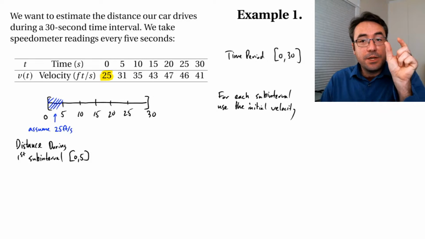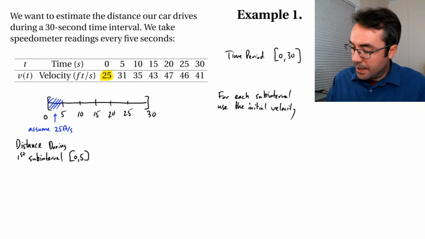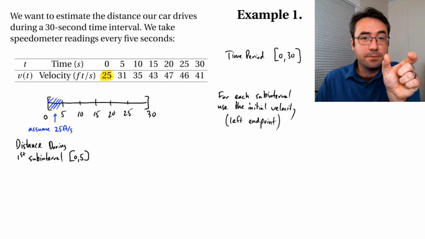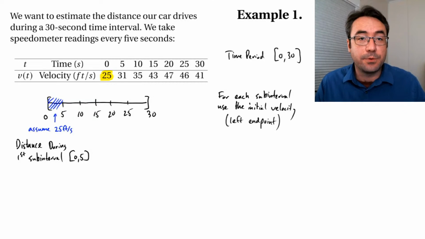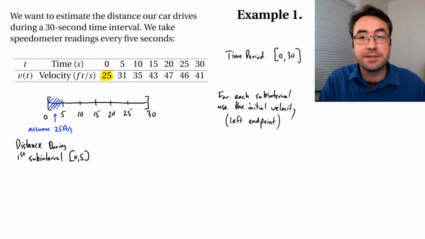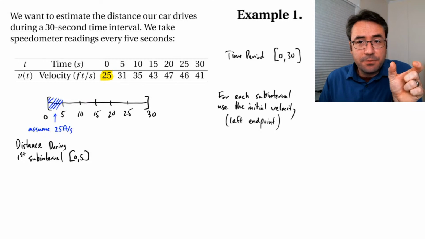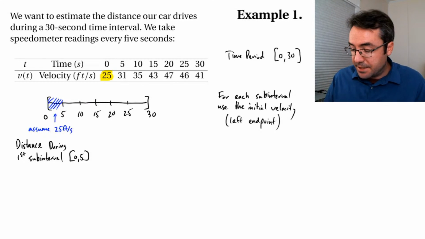And so we used our initial velocity, and sometimes we say we're using the left endpoint. So when we look at that interval from 0 to 5, we're using 0, the left endpoint, to figure out our velocity. All right, so on that subinterval from 0 to 5, we're assuming we're traveling at a constant velocity.